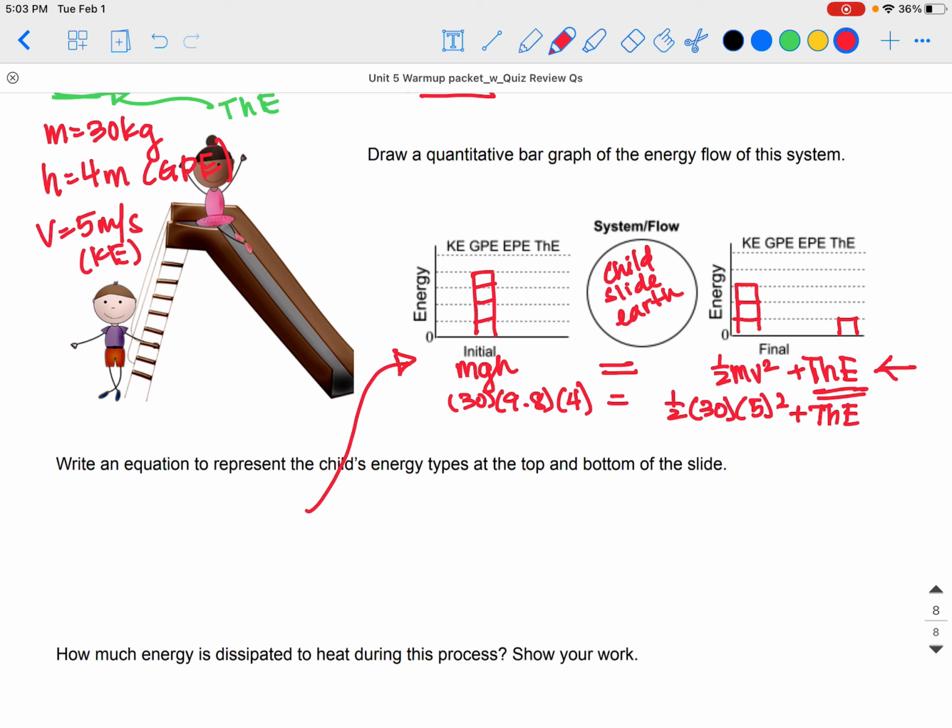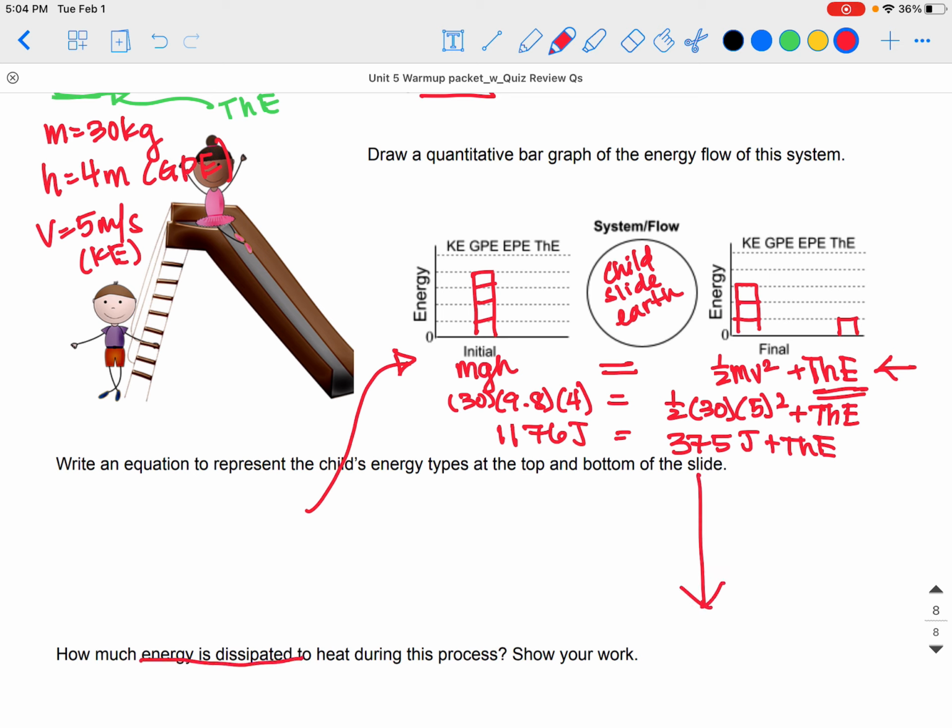Let me go ahead and do those calculations. I've got 1,176 joules on this side. I've got 375 joules for kinetic energy, and thermal energy is whatever's left over. So the energy lost, energy dissipated, or actually energy transferred out of the system due to heat is what I'm solving for here.